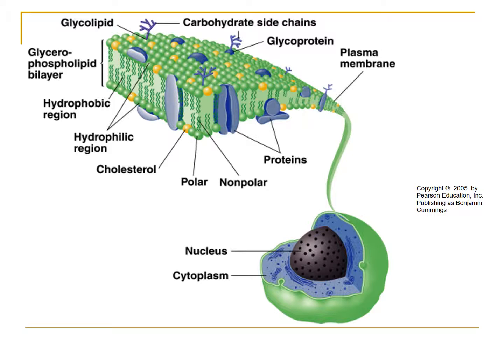Hydrophilic means water-loving. In other words, that's the polar part, the part that can interact with water. And because outside the cell and inside the cell there's water, you want the outer surface and the inner surface of this membrane to be able to interact with water. However, you also have the two nonpolar fatty acid tails on each of these glycerophospholipids.